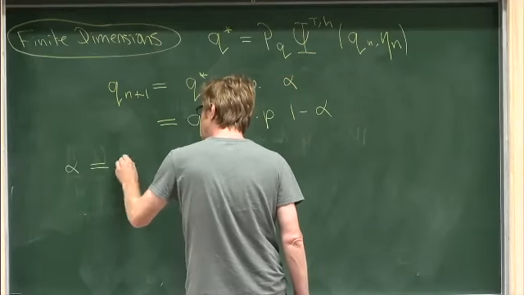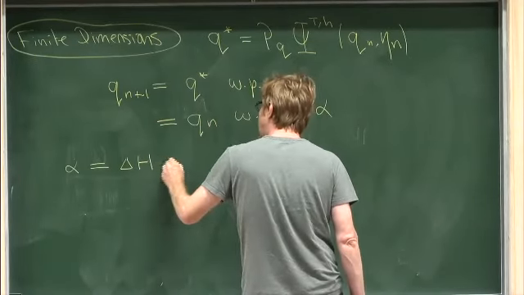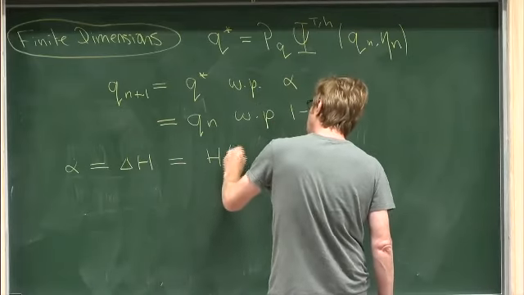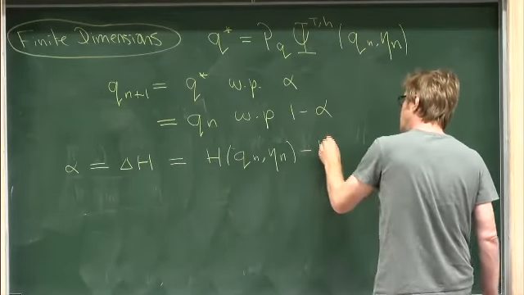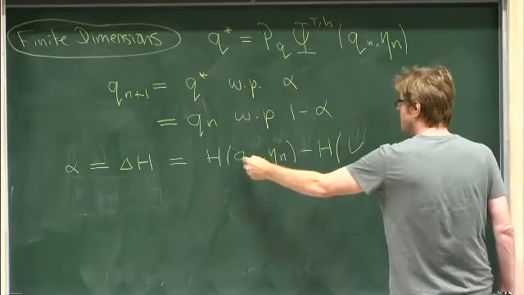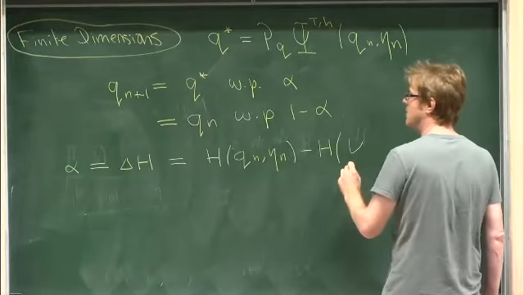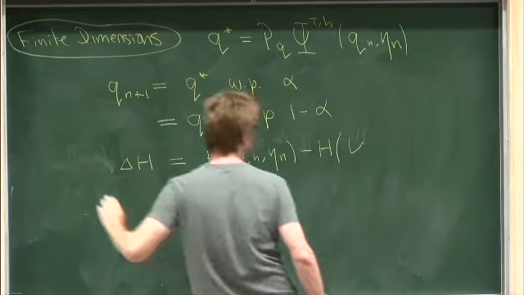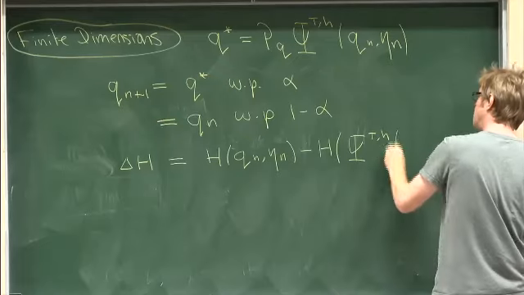And this alpha, as you will recall from Chus's talk, or if not in any case, is a change in the energy over the integration step. So it's equal to the energy at the beginning, at (Q_n, ξ_n), minus the energy, this is the energy written in terms of position and velocity. Let me call this delta H. And then the energy at the end of the integration step.